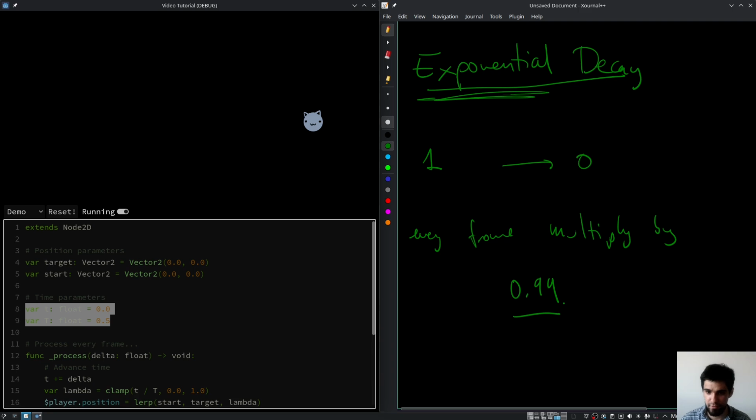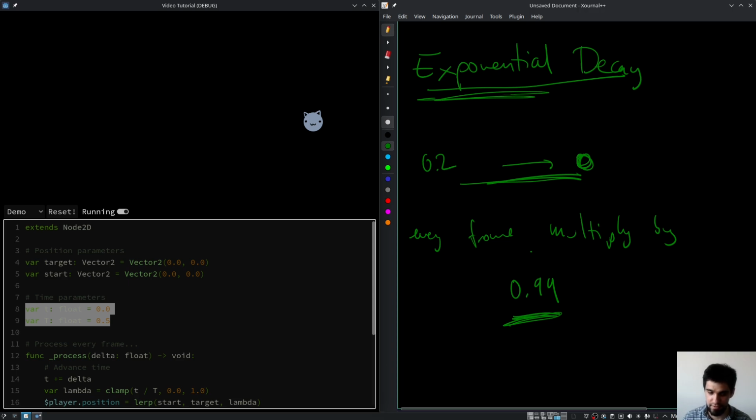But the thing is that no matter how big my number is, or how small it is at the beginning, we're always going to go back to 0 if we keep multiplying by a number that is less than 1. And this is going to be faster the farther away we are, and slower the closer we get.